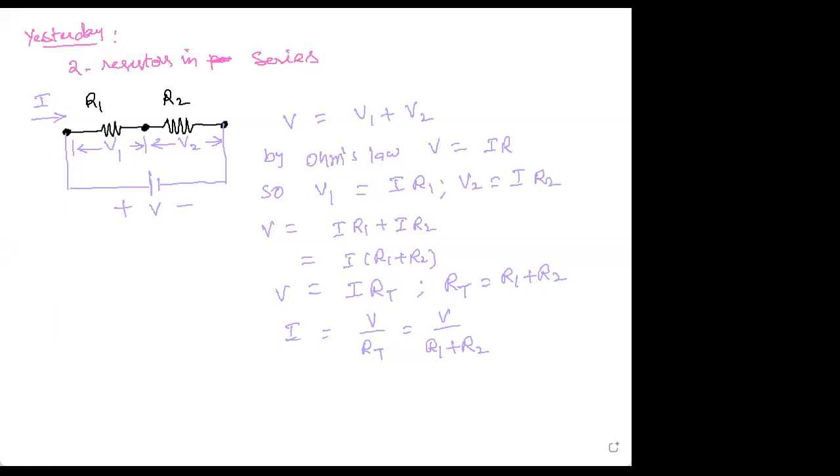Right? So what happens to the current? In the previous class I drew a pipeline to explain the passage of current. Here three pipes are joined, right? Three pipes, three different diameters. The diameter here is D1, this is D2, this is D3.